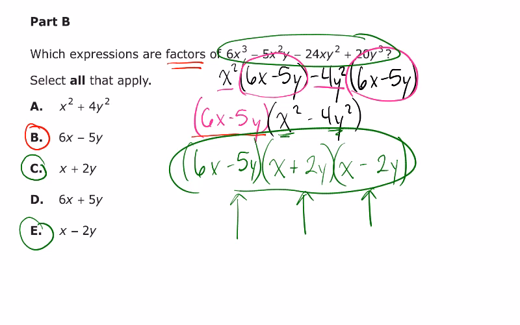Okay, so it's B, C, and E. This is a select all that applies, so we can select multiple answers. And notice that the ones that they gave you that are false are opposite signs, right? So they're definitely there to trick you, right? It's the opposite sign of this, and it's the opposite sign of this. So if you have a sign error, then it's easy to select A or D. So watch out for those mistakes. Easy to make.